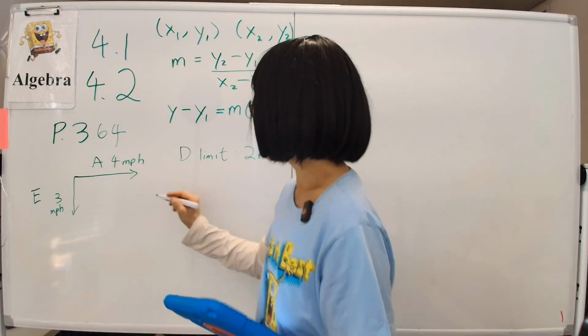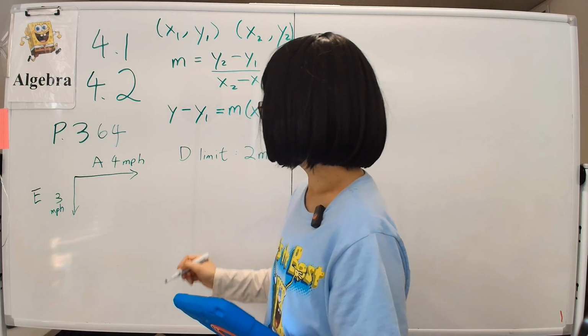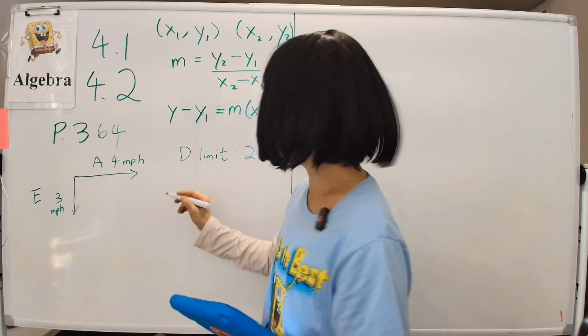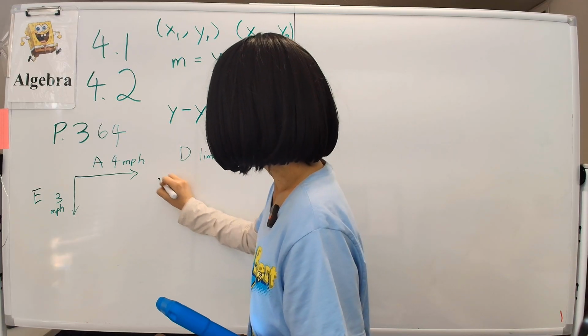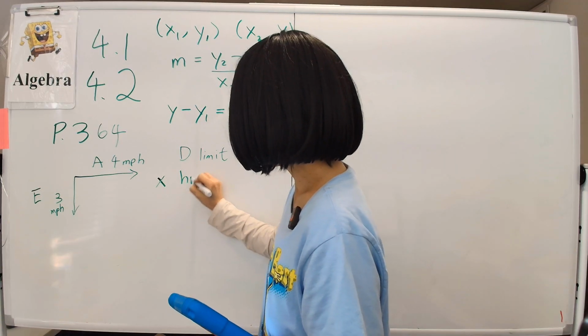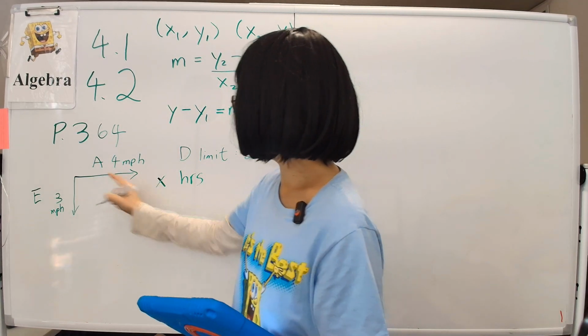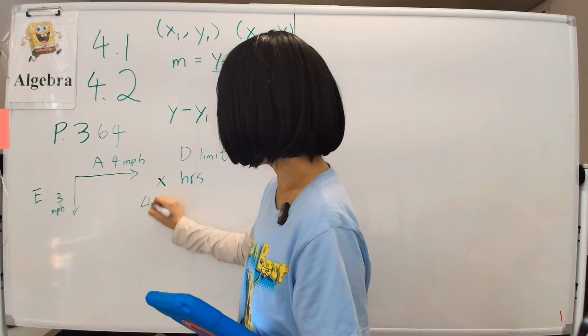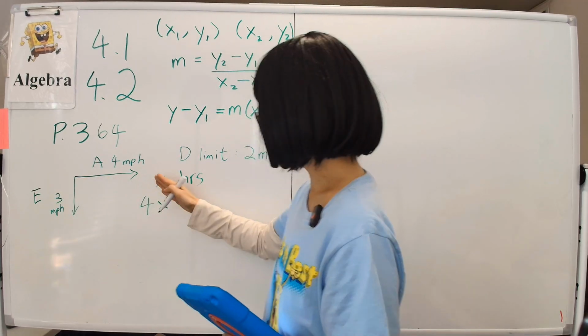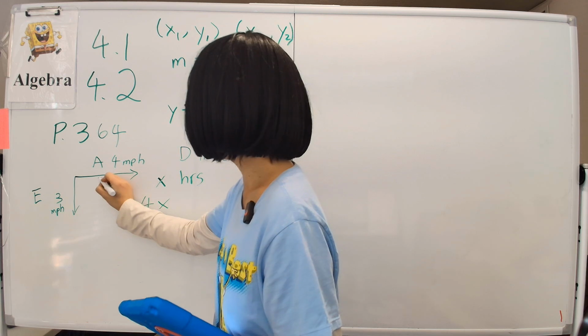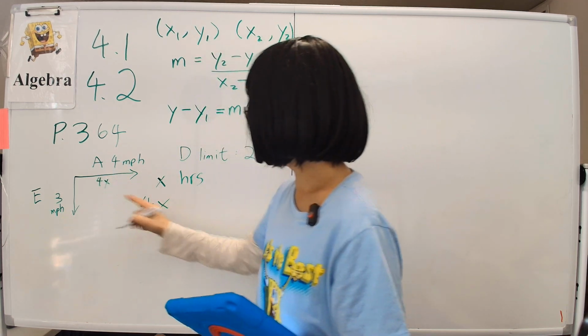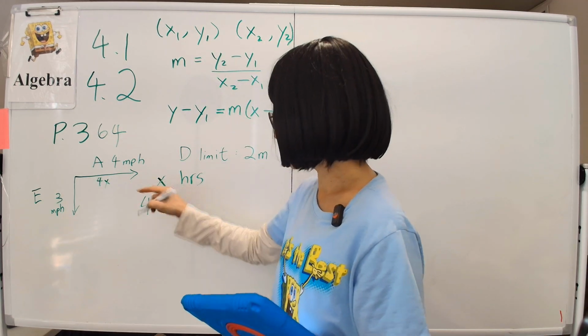So how far can they go before they reach the limit? That is the question. So let's say they walked for X hours before they get to the point, okay? After X hours, Anna would have gone 4 times X, going this way, so this length is 4X. Whereas Emmanuel would have gone south 3X.